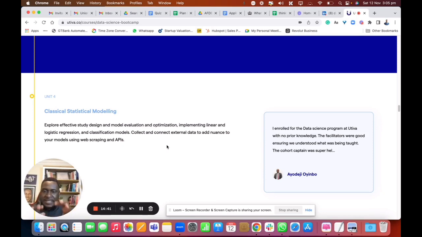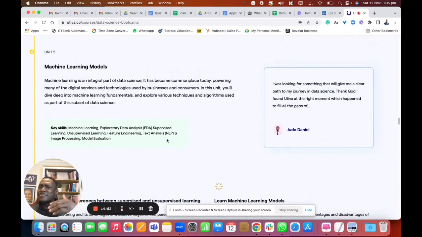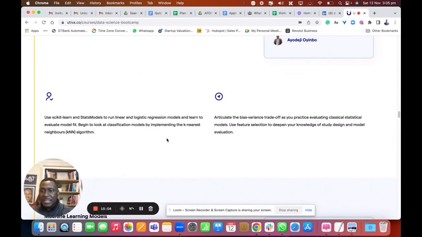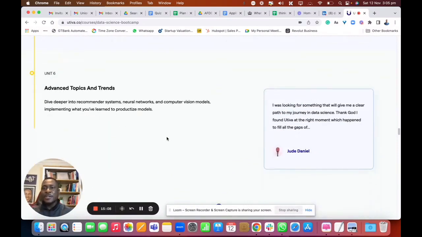The training is designed to help you go from the basic, because we know that you are coming from a non-engineering background, a non-technical background, right? And that's how the learning program is structured. And then you go to machine learning, so you go from fundamentals, from the basic, to exploring, from exploring, you go to classical statistical modeling, and then you advance a little bit to machine learning, and then you get into some other advanced topics and trends.